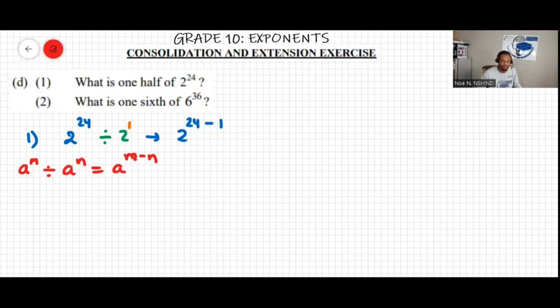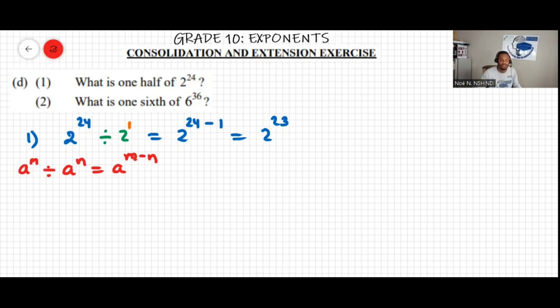So we're going to do 24 minus 1. So this is equal to 2 to the 23. That's half of that.